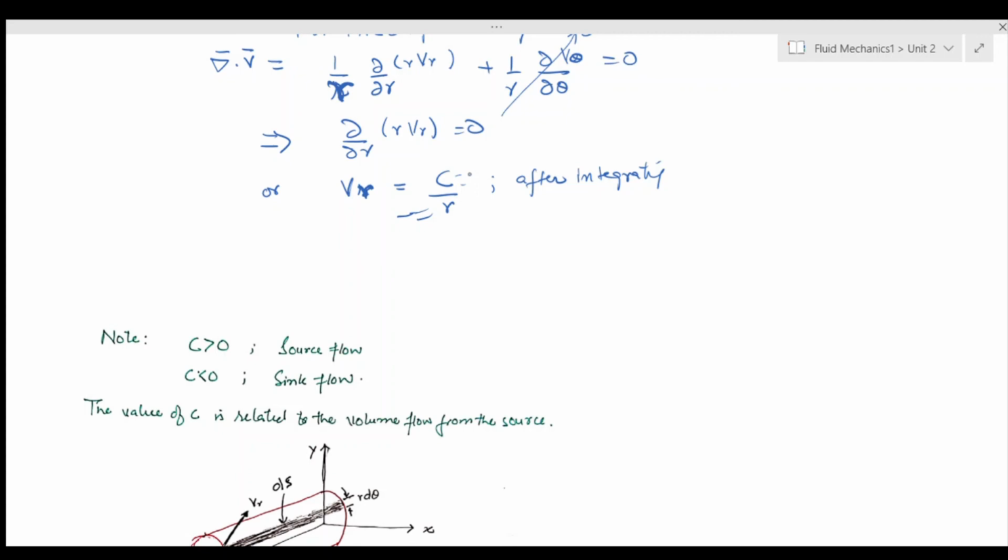So C gives me an idea about the strength of my source or sink flow. If C is positive, then I have a source flow, meaning Vr would be radially outwards. If C is negative, then I have a sink flow, meaning Vr is inwards.